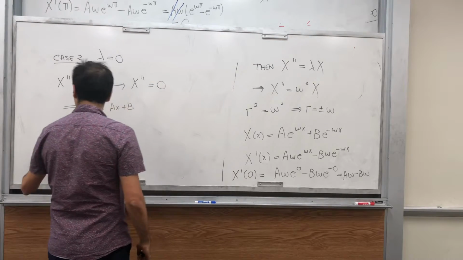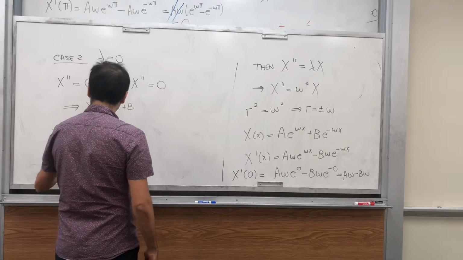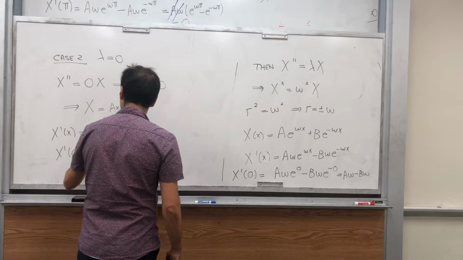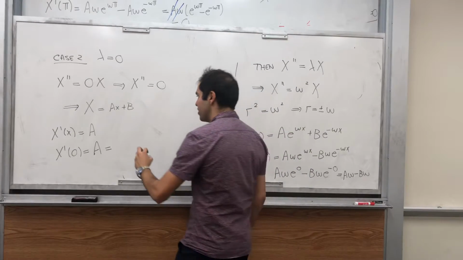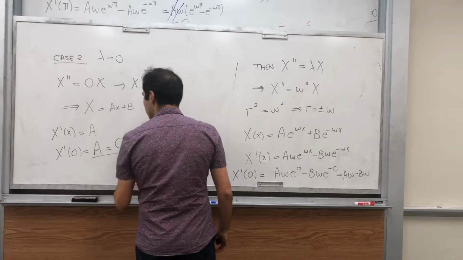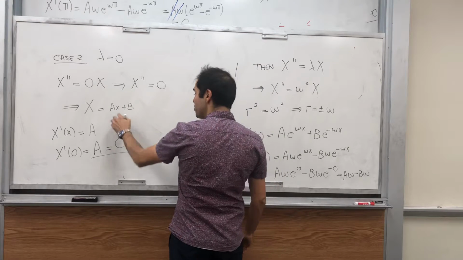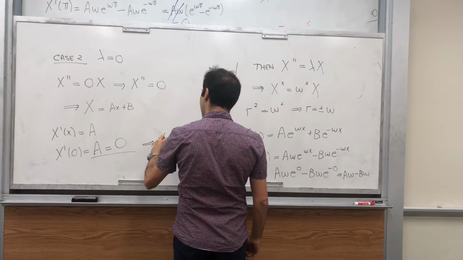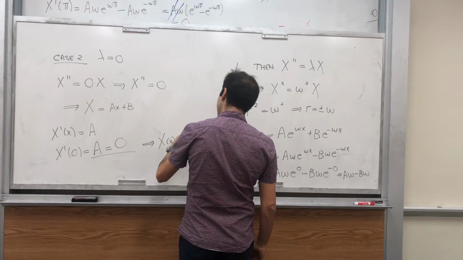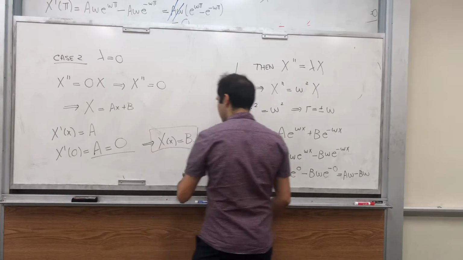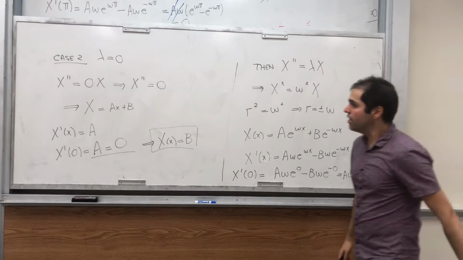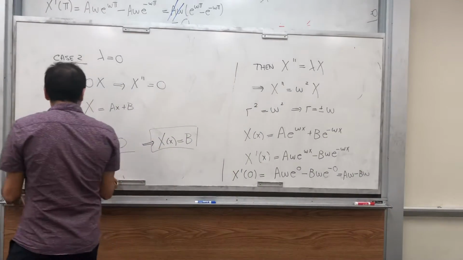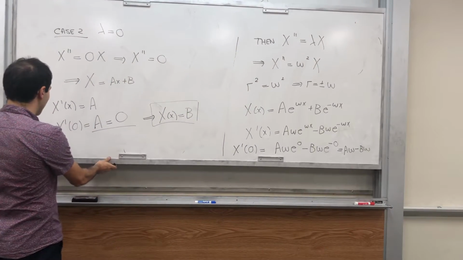And in particular, x prime of 0 is still a. But we know by our boundary condition that x prime of 0 equals 0. So we know a equals 0, which tells you x of x equals b. And remember this, just for a second. Now, let's see what we have for x prime of pi.